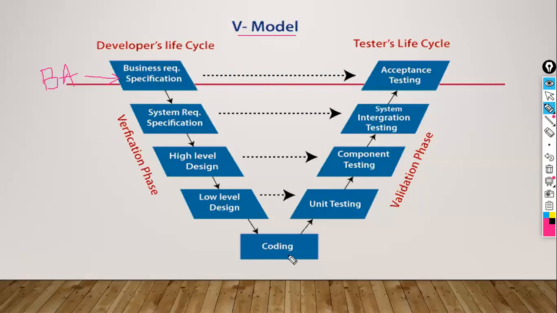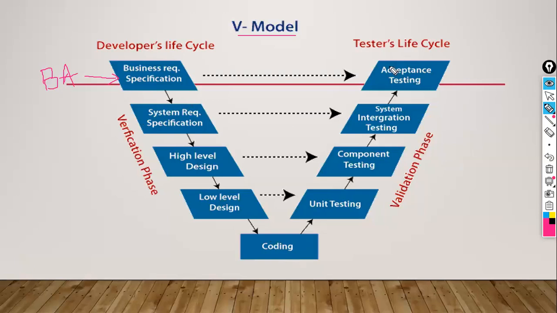Once the application gets developed by the developers, by this time the testing team knows what all the things are that they need to test, right? In the previous case, what happens? Until the application got developed, they don't know anything. They don't have any documents in their hand.